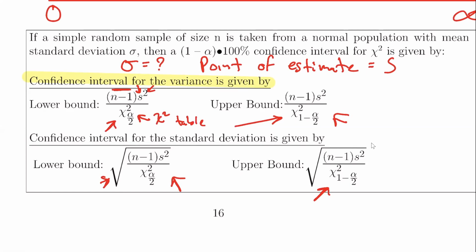So whenever you find this, you have to figure out, do you want the variance or the standard deviation? If you want variance, do not take the square root. If you want to find the standard deviation confidence interval, that's where you take the square root. So if you want the confidence interval for standard deviation, you have to take the square root. But if you want the confidence interval for variance, you don't have to take the square root.